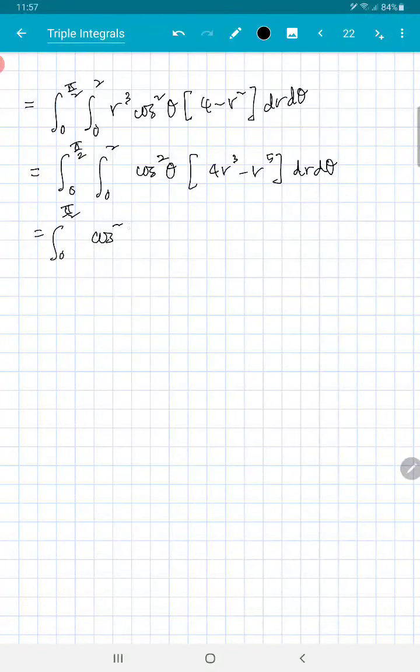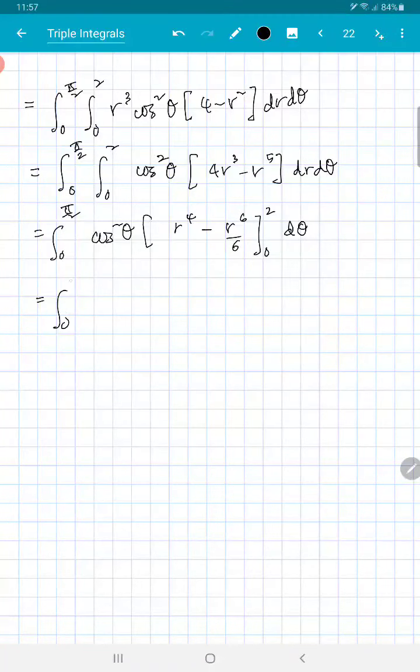So cos squared theta will remain as cos squared theta because we consider theta as constant when we integrate with respect to r. So here we have r to the power 4 over 4, but 4 over 4 is 1. And here we have r to the power 6 over 6, and then replace r with upper and lower limits.